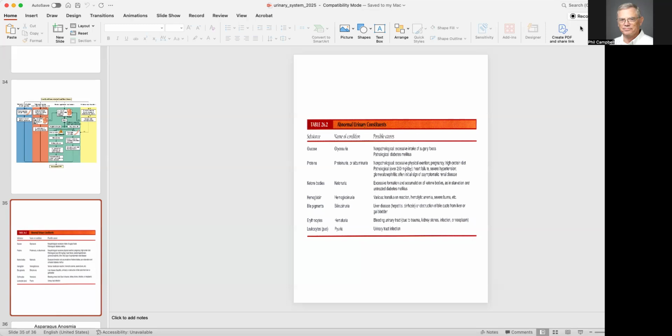Now, I want to give you some examples of the value of measuring stuff in the urine. So let's begin with glucose. If we have an elevation in glucose, that points to what? That points to uncontrolled diabetes. So let's focus on type 1 diabetes. We've known about that for thousands of years.